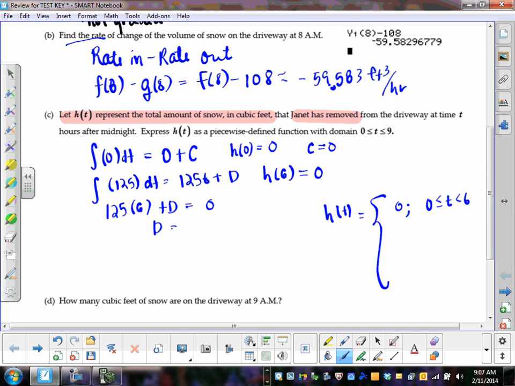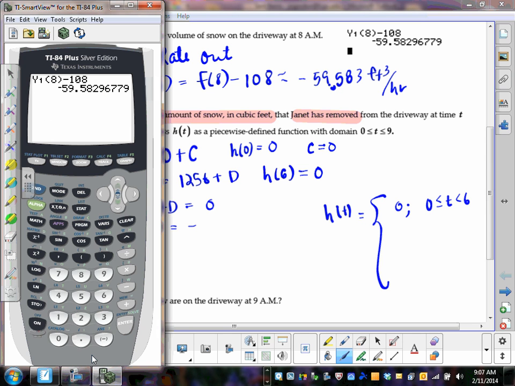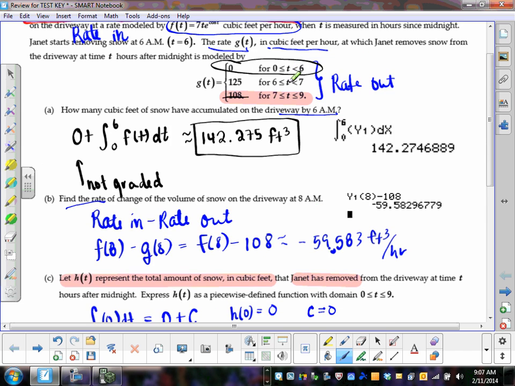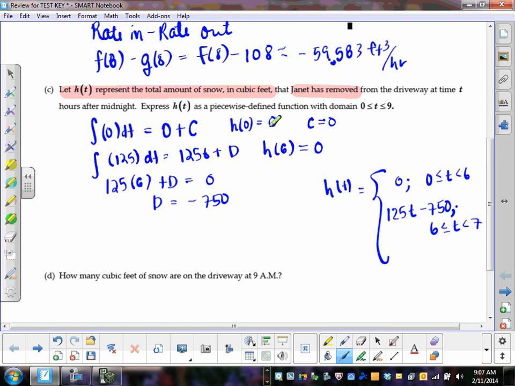So d has to be negative, and since it's a calculator question, 125 times 6, negative 750. So that means h of t is 125t minus 750 for 6 less than or equal to t less than 7. I'm using the exact same interval notation that was used above, and you should as well.